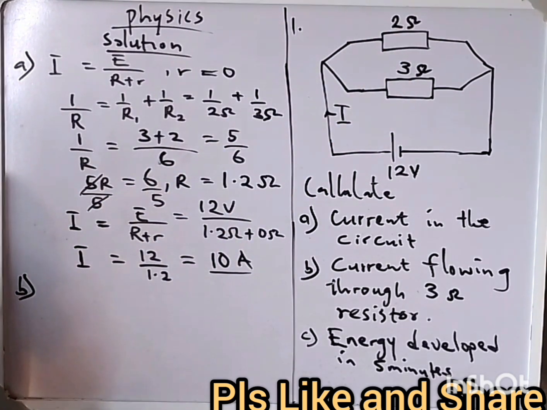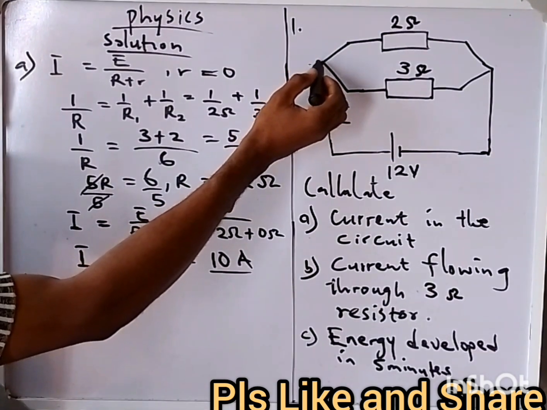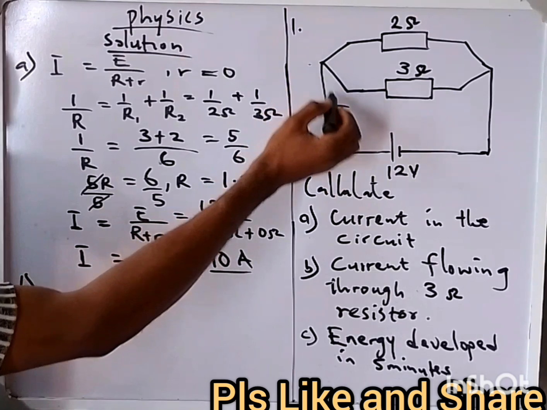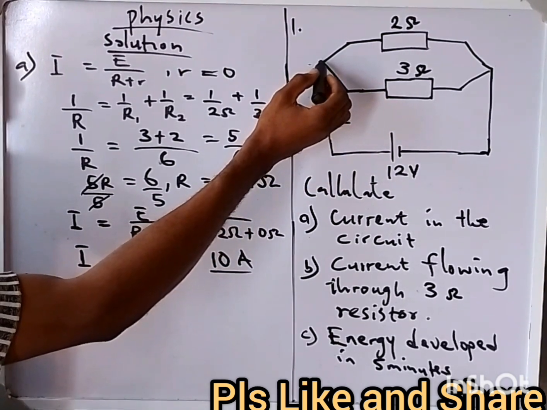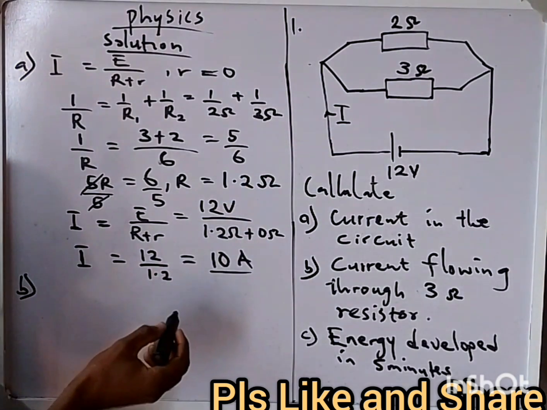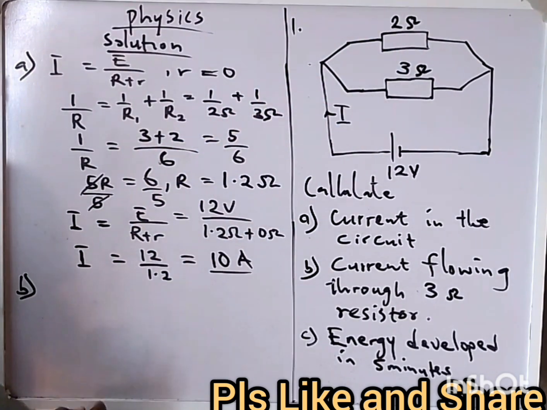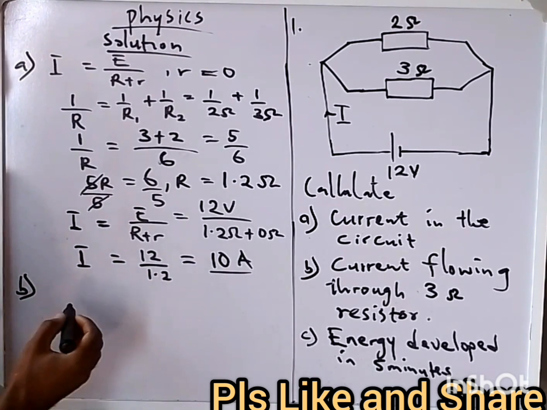No, something happens. When this current gets to this point, if I call this point A, it is going to split into the two wires. Part of it will go to the 2 ohm resistor, part of it will go to the 3 ohm resistor.